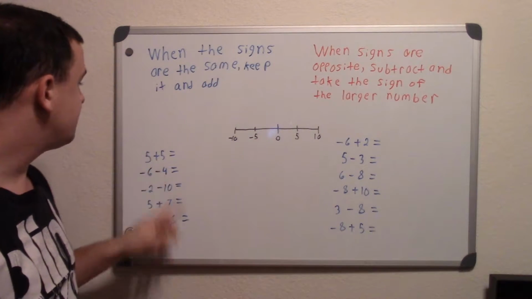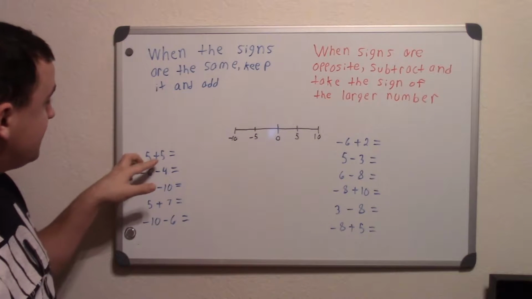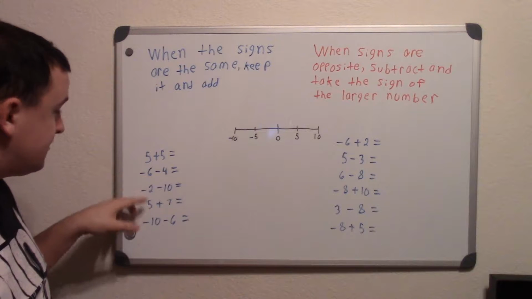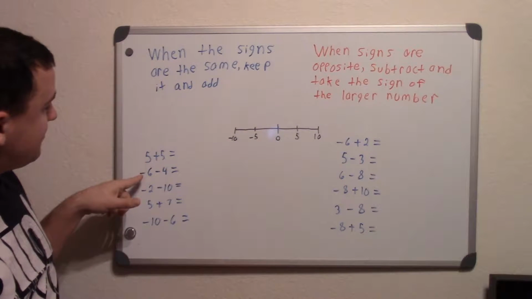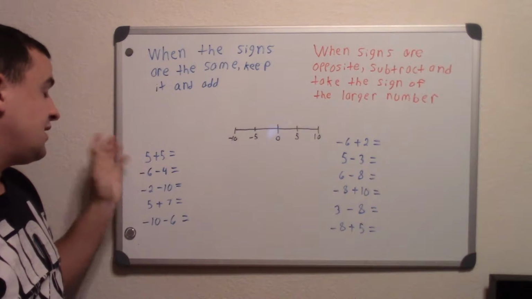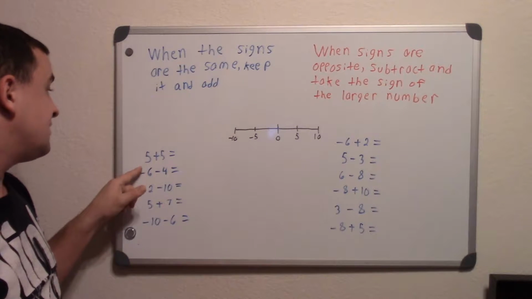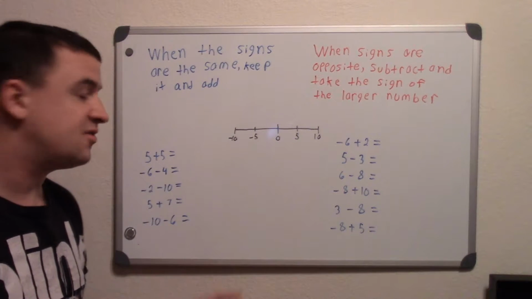Simple as that. So in these problems over here, notice how all these signs are the same. You have, in this case, 2 positives, 2 negatives, 2 negatives, 2 positives, 2 negatives. Now this one right here, -6 -4. One thing not to get confused on is even though this indicates it's a negative and this indicates you're subtracting, it's still the same thing. It's still the signs.